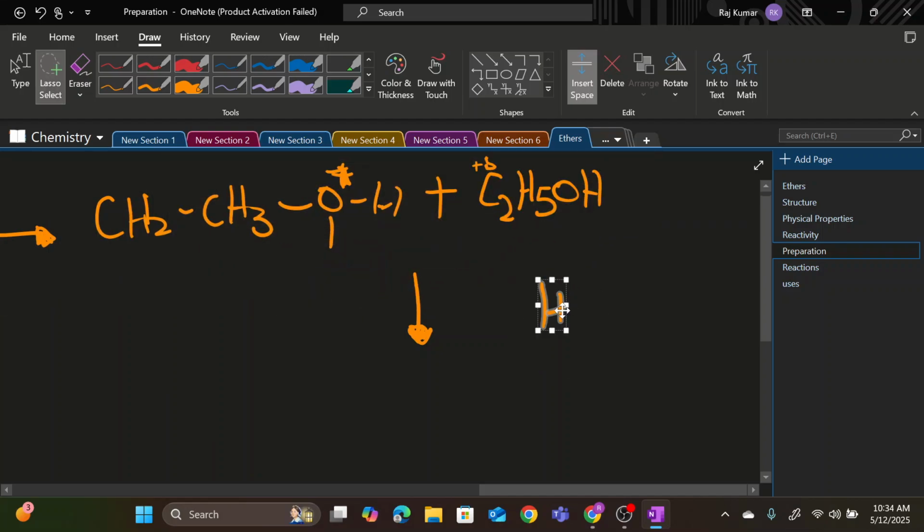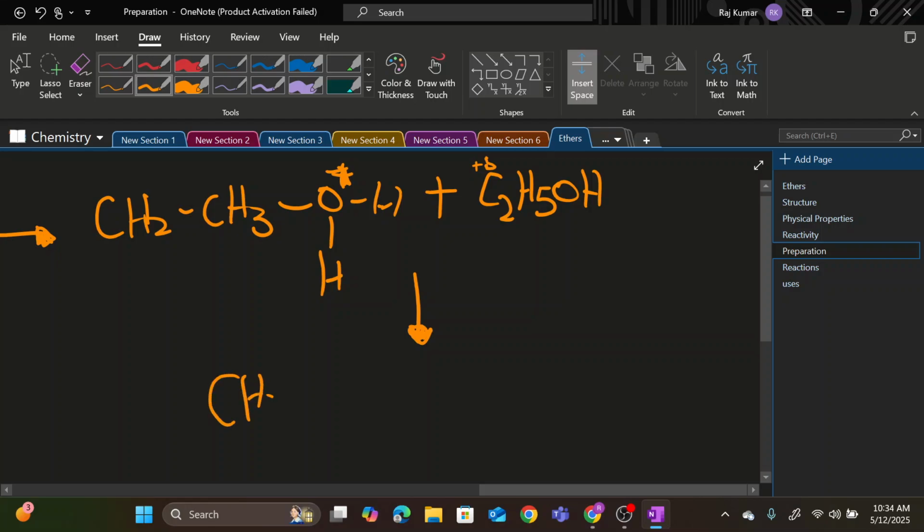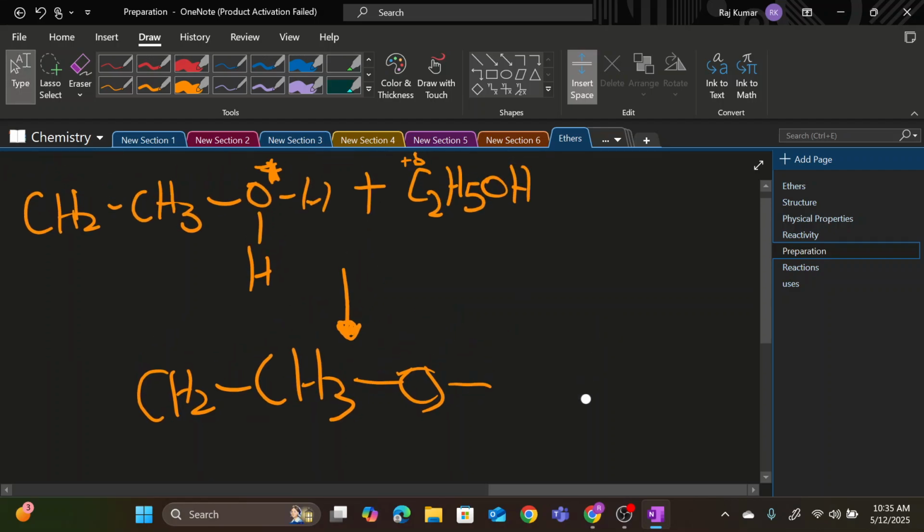Let's write it in another step. Over here CH3, CH2, CH3, and there is one more thing left. This is oxygen, and then we have hydrogen over here.